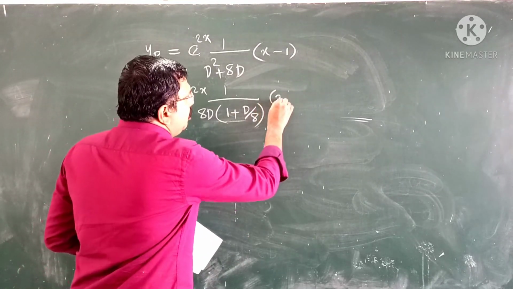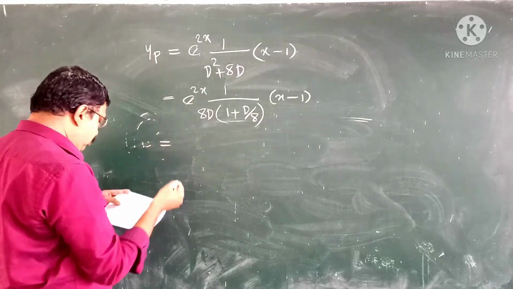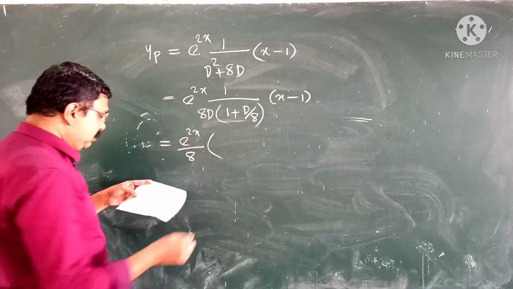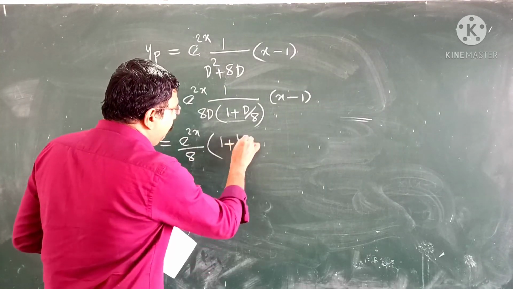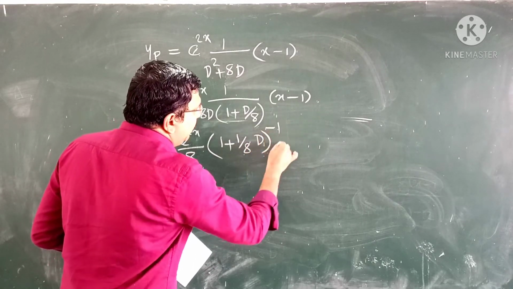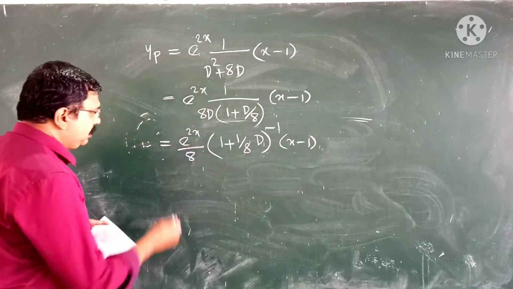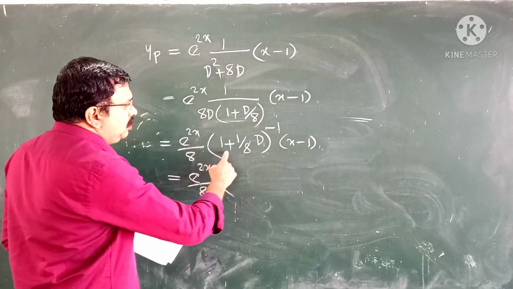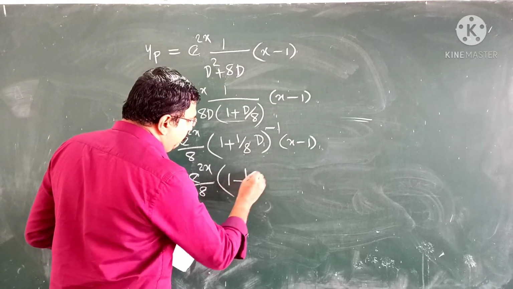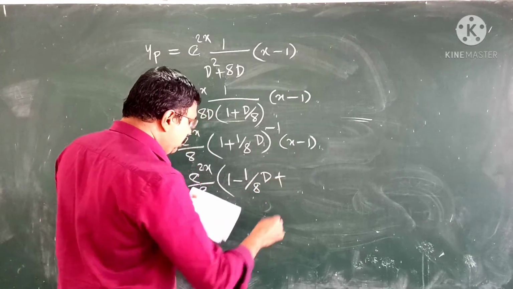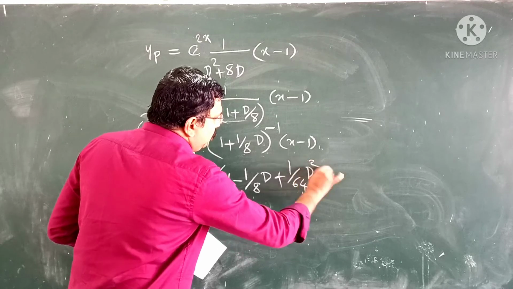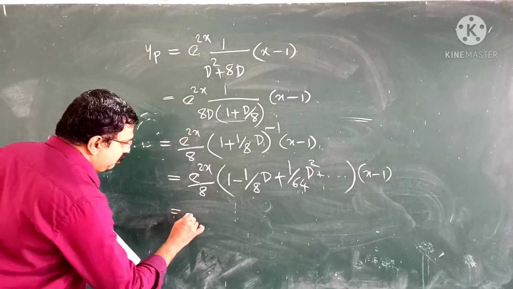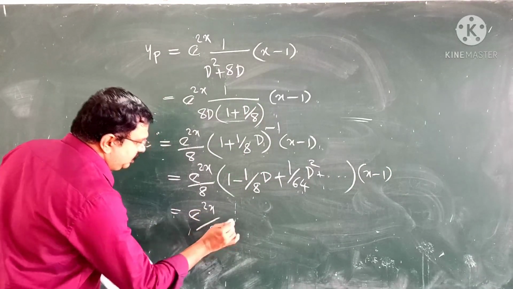That is equal to e^(2x) divided by 8 into (1 + (1/8)D)^(−1) into x − 1, that is equal to e^(2x)/8 into, when we are expanding this, (1 − (1/8)D + (1/64)D² + ...) into x − 1.